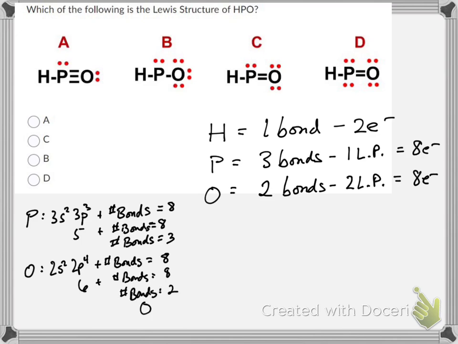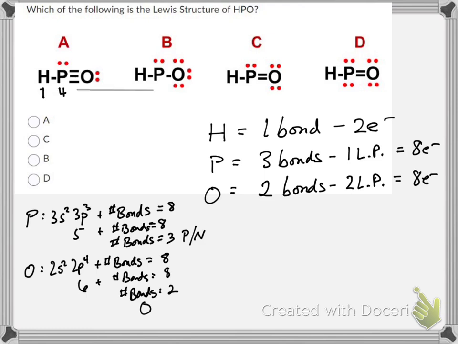So that's for oxygen, and that's for phosphorus and nitrogen, right? They're the same. Now when we look at these representations of the Lewis structure, we're going to do it through that lens. We want to make sure phosphorus has 3 bonds and a lone pair, and oxygen has 2 bonds and 2 lone pairs. So let's start looking at these options.